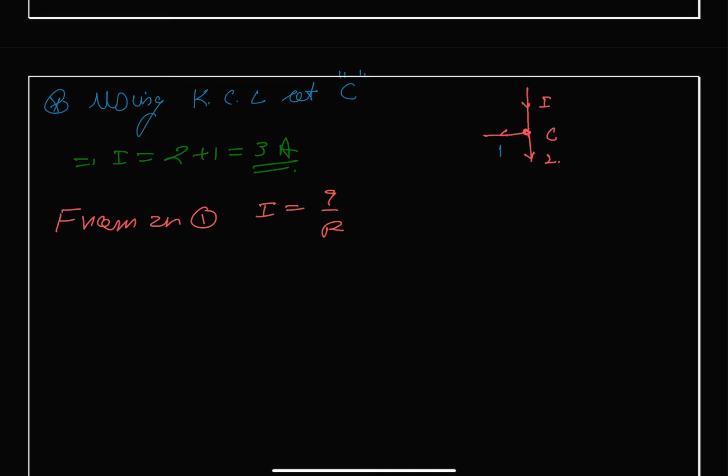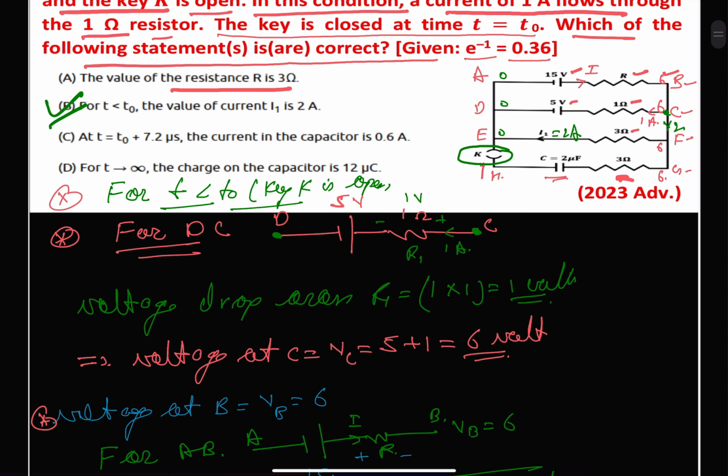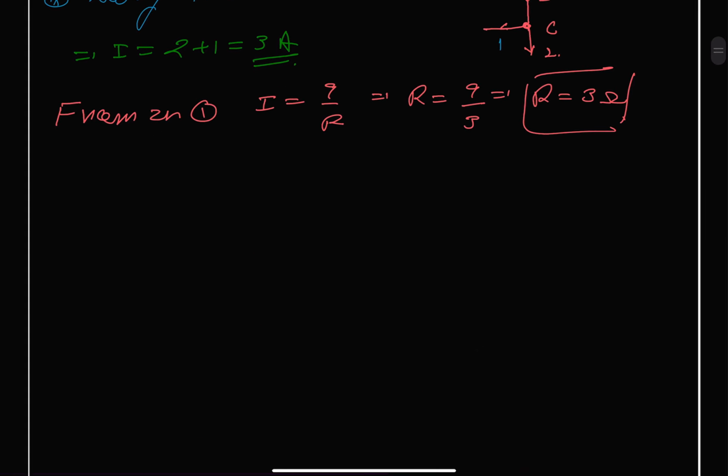So we can say our R is equal to 9 upon 3, which gives us R is equal to 3 ohm. Therefore option A is also correct.